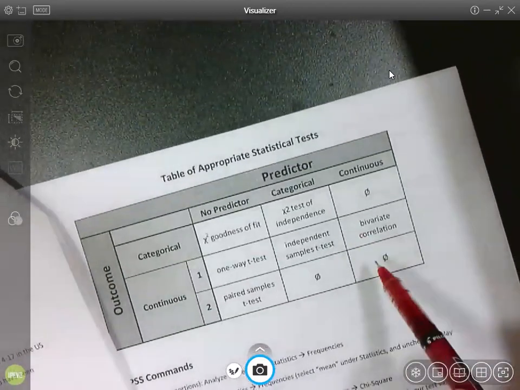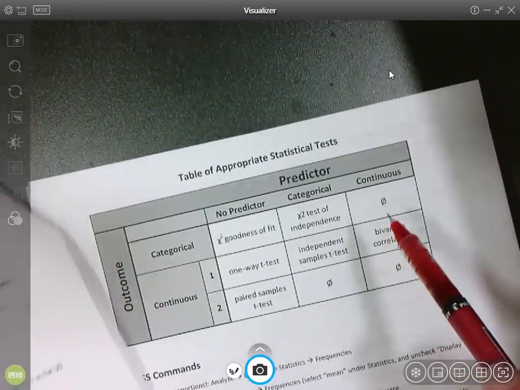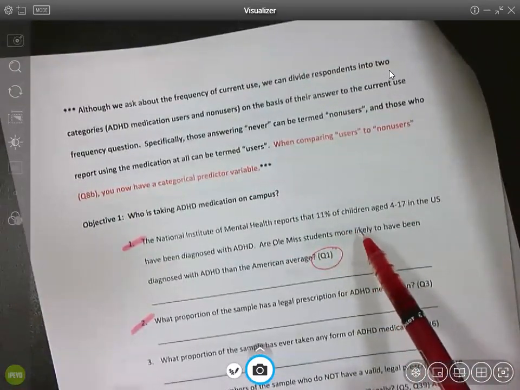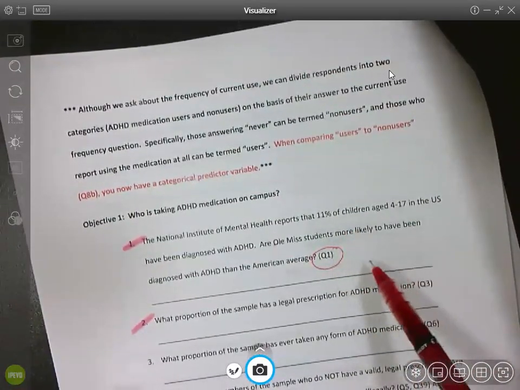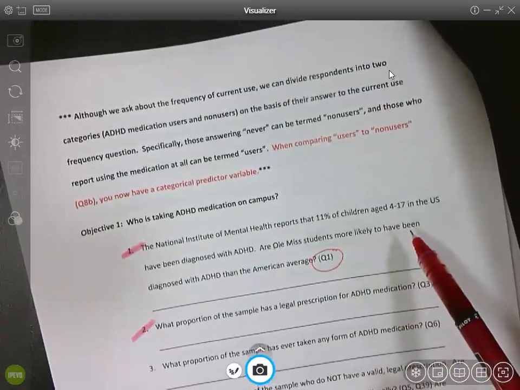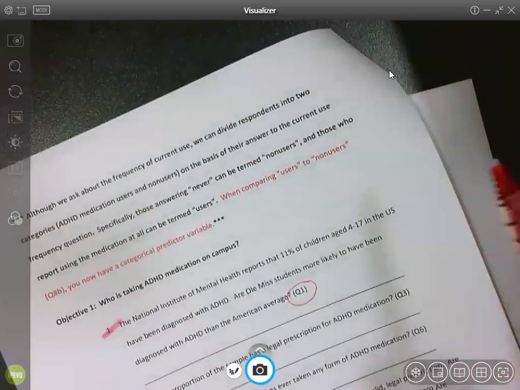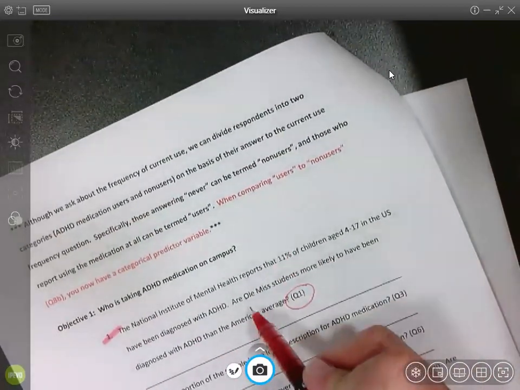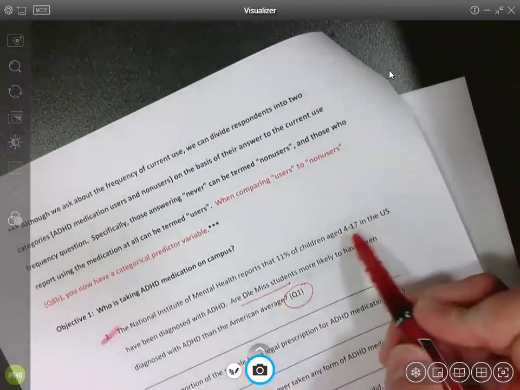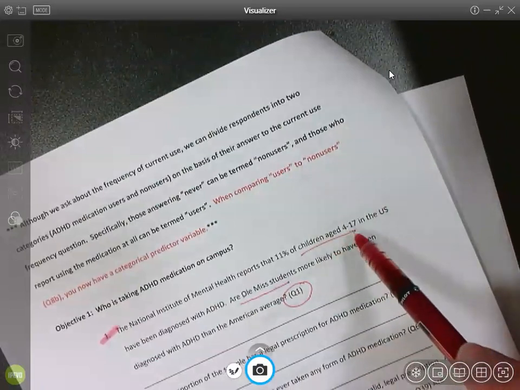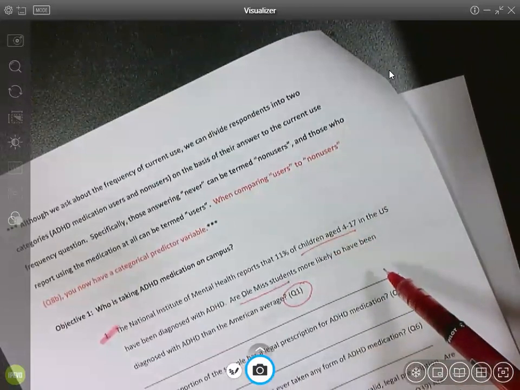So when we're trying to decide what kind of test we need, we look at this and ask ourselves, is this question asking us to divide our sample into groups based on how they answered a survey question? Sometimes people will look at this kind of question and say, yes, we have two groups, Ole Miss students and children aged 4 to 17. Did children aged 4 to 17 take our survey?